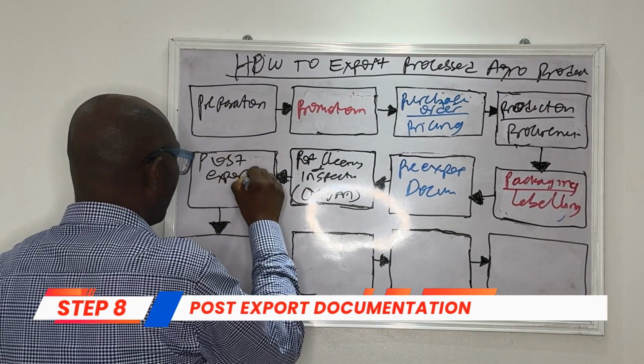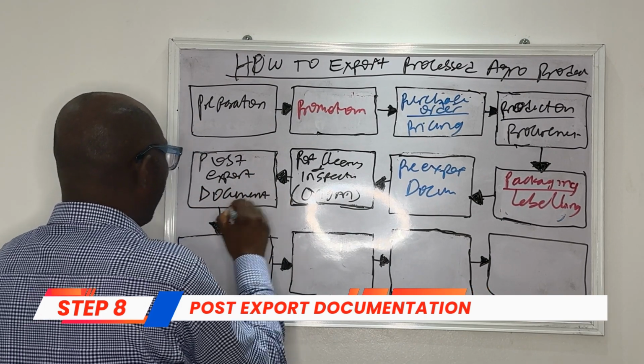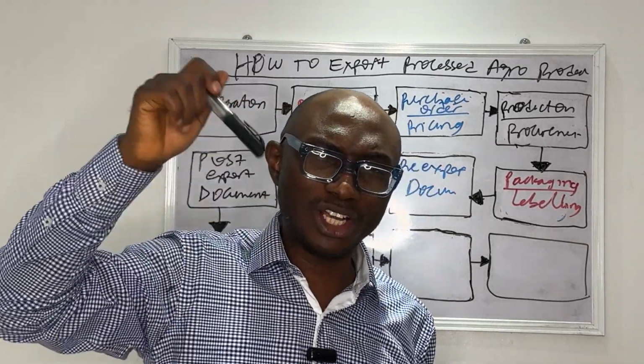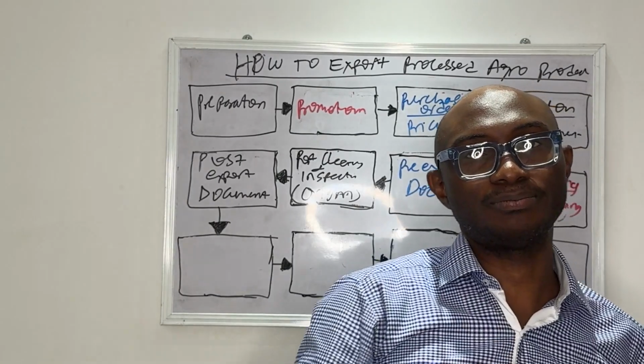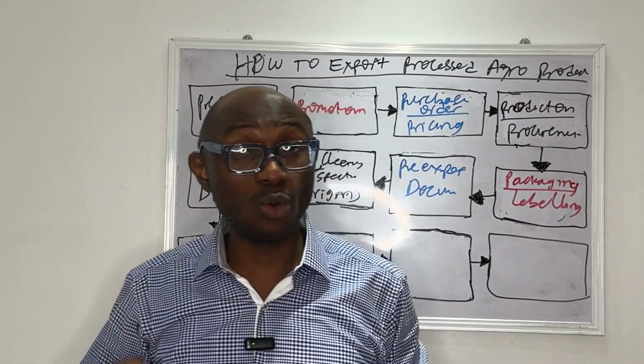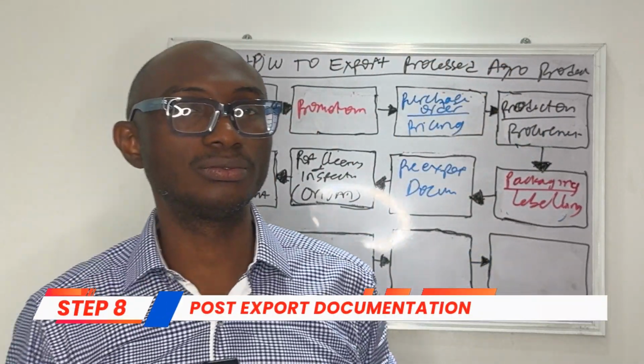Please note, pre-export documentation is for the regulators to meet the regulatory requirements of the country of shipment. Post-export documentation is to meet the regulatory requirements of the country of destination.